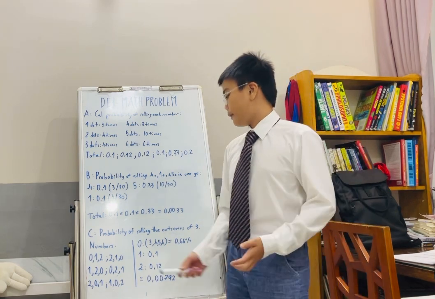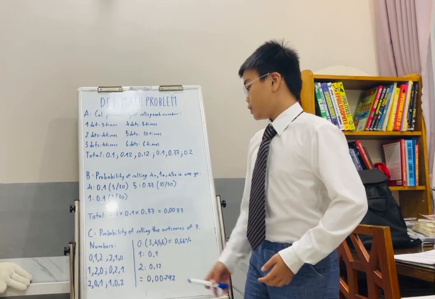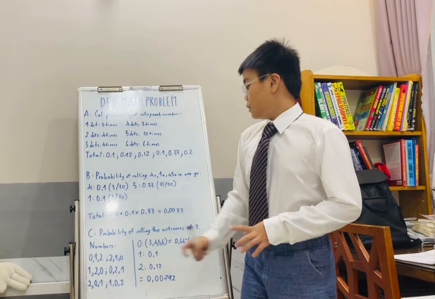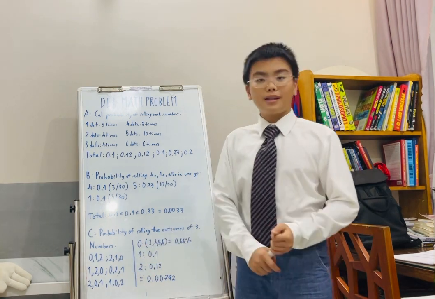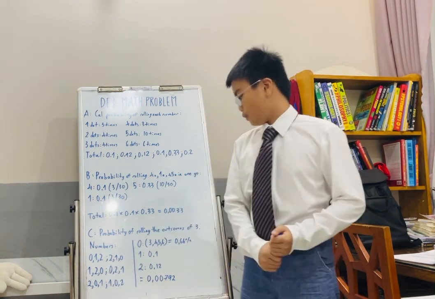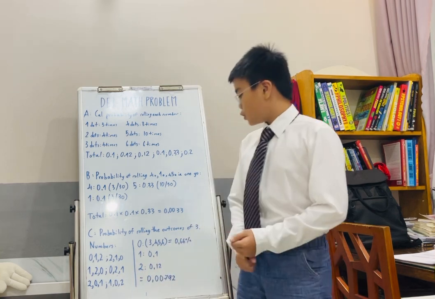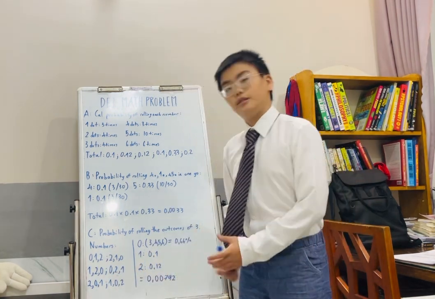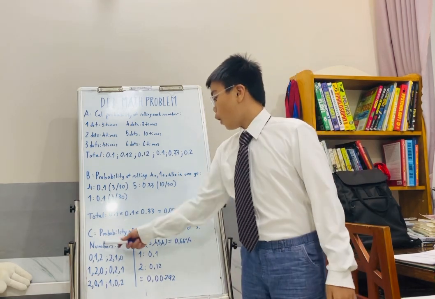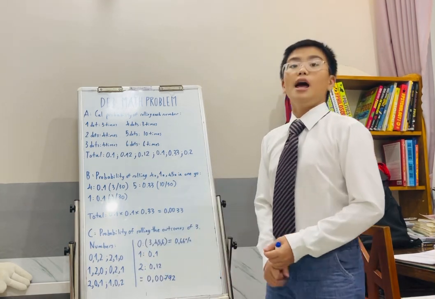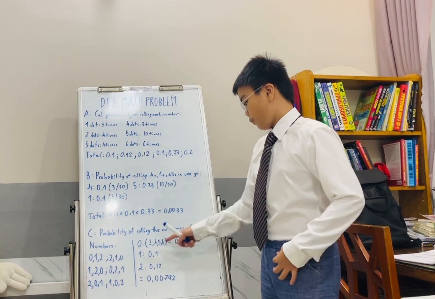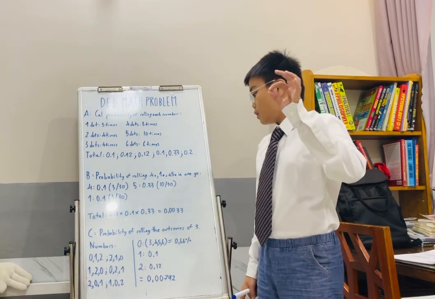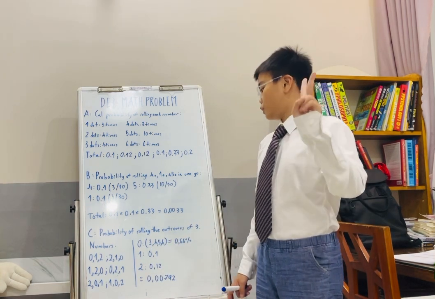For example, we have the 6 total combinations here: 012, 210, 120, 021, 201, and 102. So these are all the possible combinations that we could make with 0, 1, and 2.